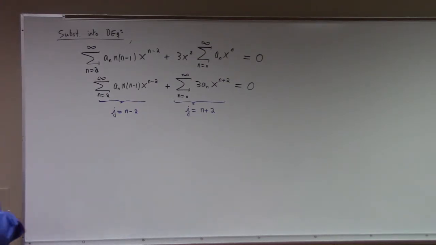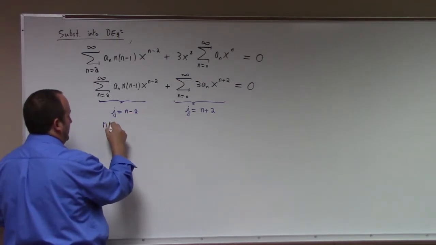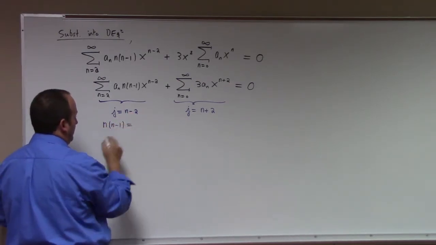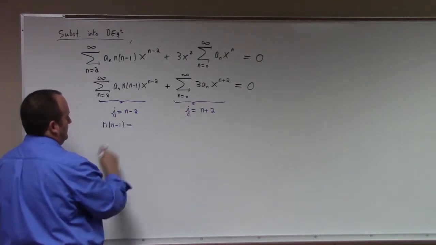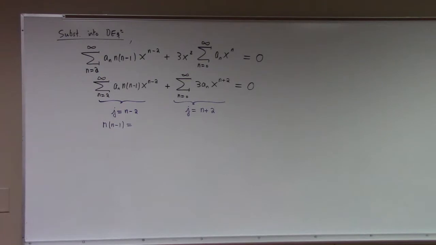And if I put j equals n minus 2, what's that say? n times n minus 1 is actually equal to what? Well, before I get to that, what's n equal to? Yeah, n equals j plus 2, right?